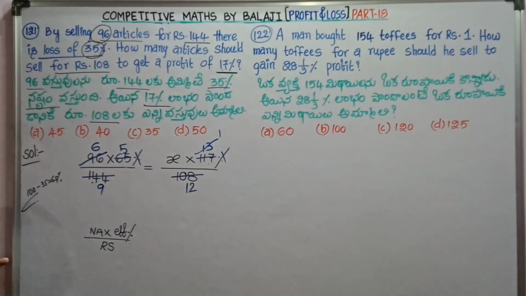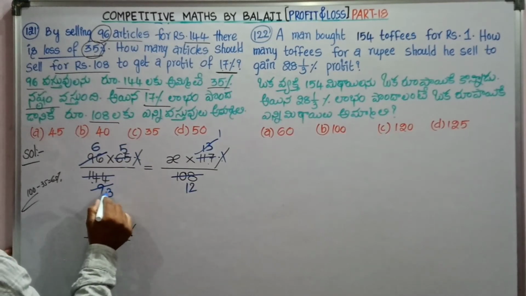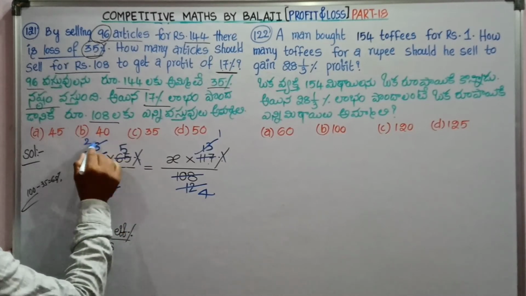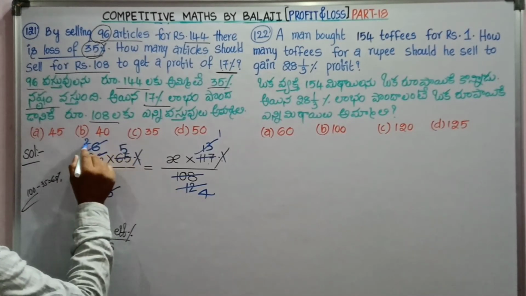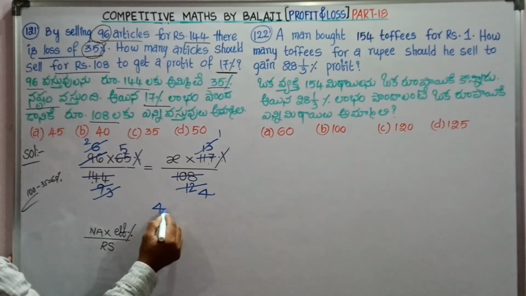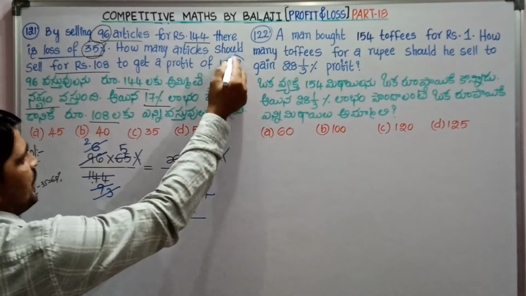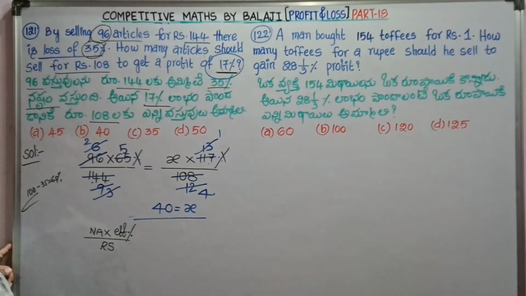Percentage gets cancelled on both sides. 3 3s are 9, 3 4s are 12, as well as 3 1s are 3, 3 2s are 6. 5 2s are 10, 10 4s are 40. So X equals 40. To get 17% profit, he has to sell 40 articles for rupees 108.